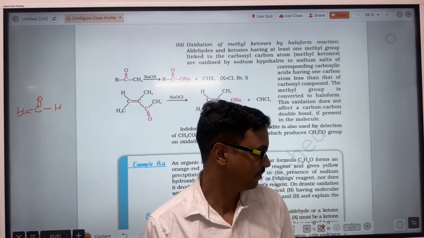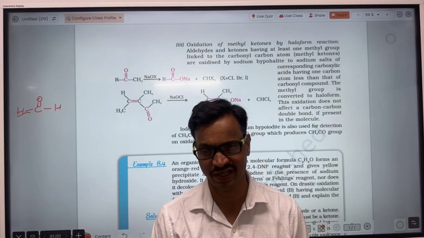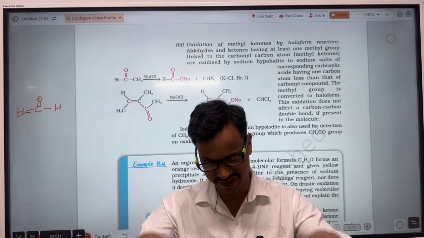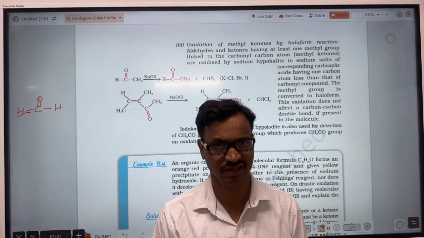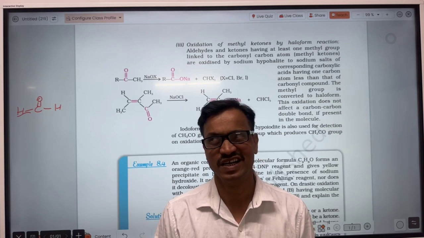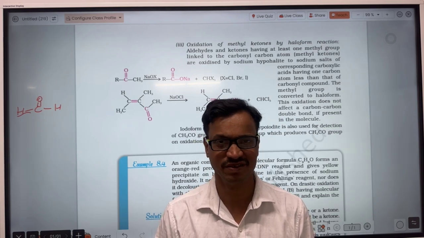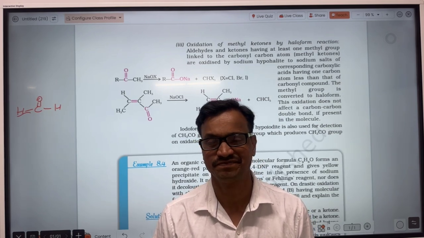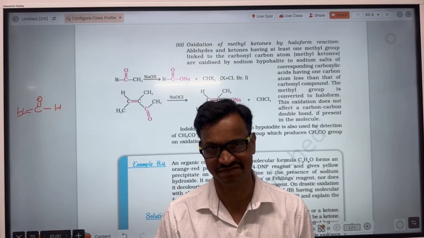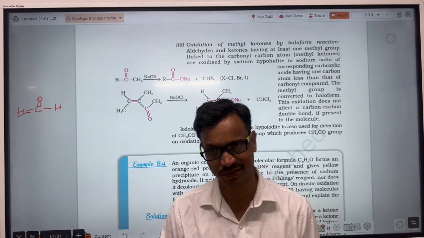Second type: which of the following compounds will show the aldol condensation reaction. We will also discuss that. And third is which of the following compounds will perform the Cannizzaro reaction. So all three concepts.